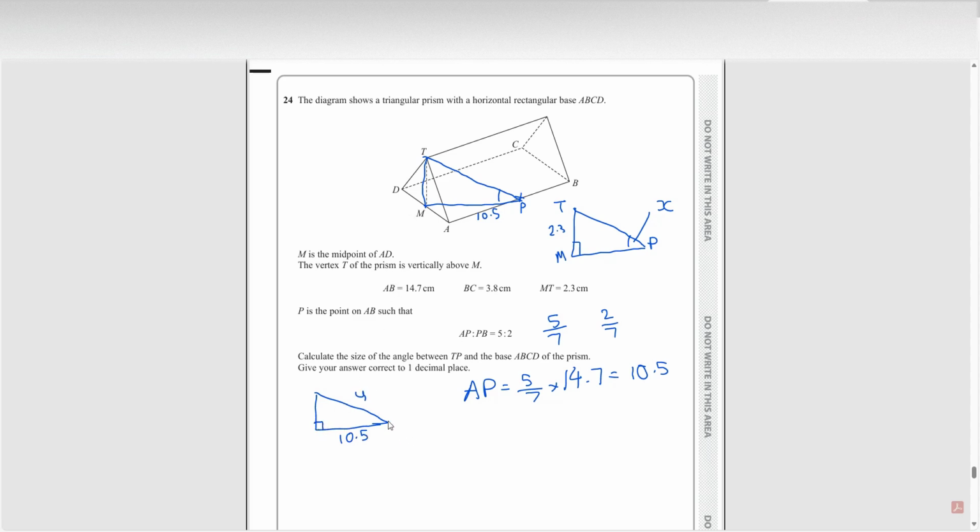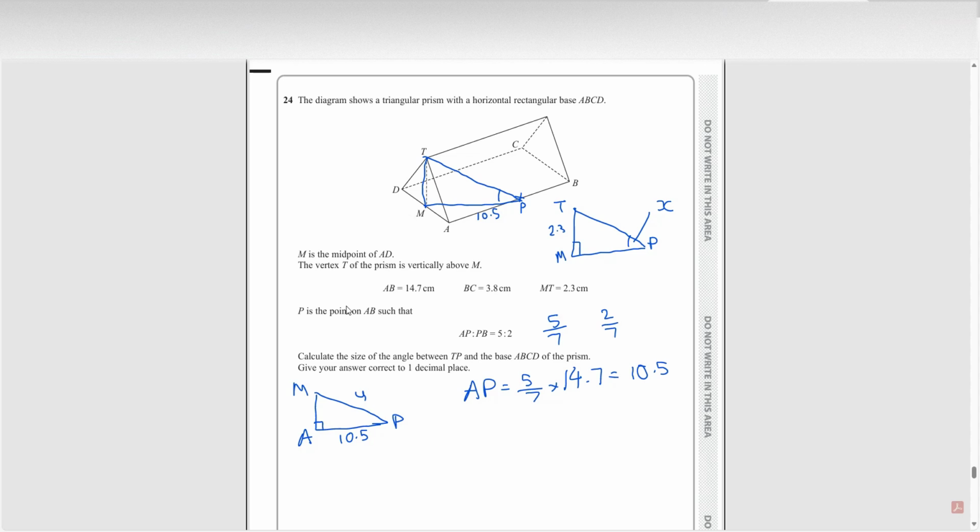Okay, that is PAM. So we're looking down on it. And we know the distance. Do we know the distance of MA? So if we have a look, well, we know the distance of BC. BC and AD are the same. M is the midpoint.